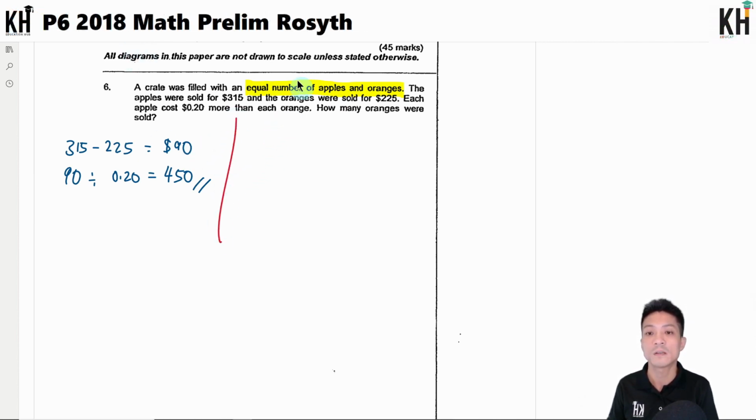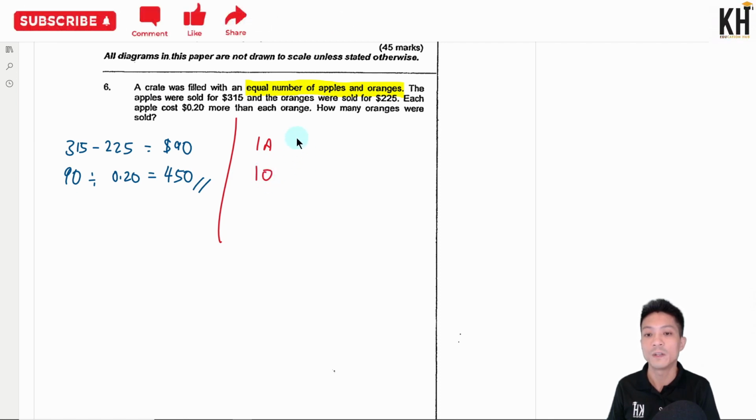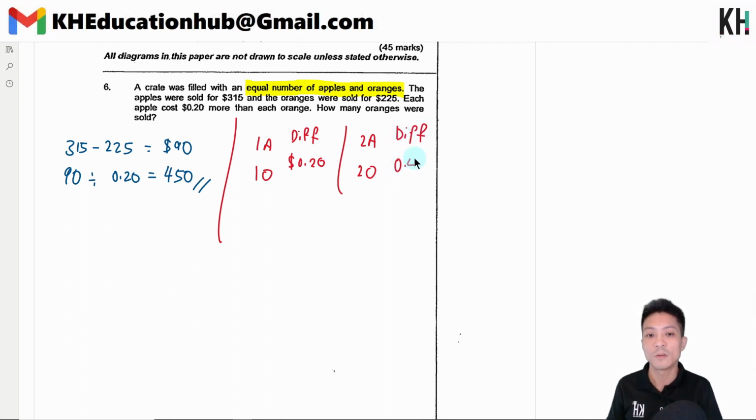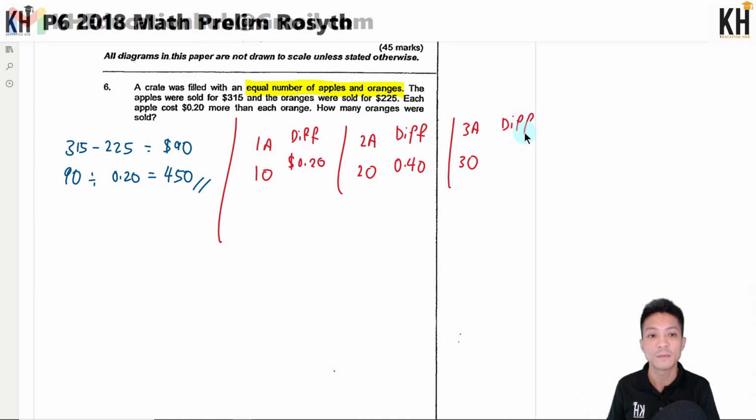Okay, if you're not very sure how this works, it is actually quite simple. You can ask yourself, since there's an equal number of apples and oranges, right? One apple and one orange, the difference will be 20 cents, right? 0.20. If it is 2 apples and 2 oranges, the difference will be 0.40. If it is 3 apples and 3 oranges, the difference will be 0.60.